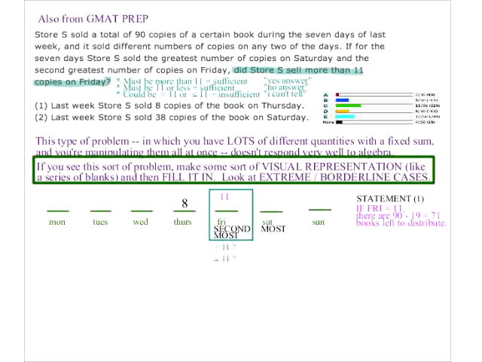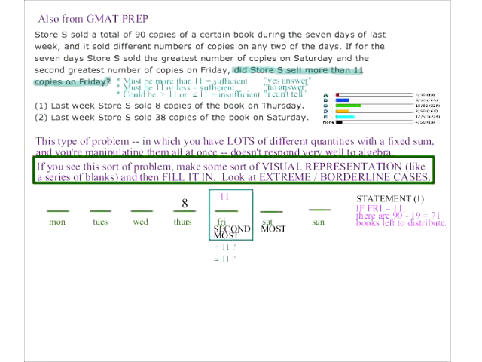And as long as we can distribute 71 books somehow, we're good. So given that Saturday is the most, all you have to do is find something that works. Someone in the text box is saying that you can assume neither statement is sufficient. No, you can't, because actually one of them is. Okay, so you got 71 books to distribute. You just got to find some way to distribute 71 books.